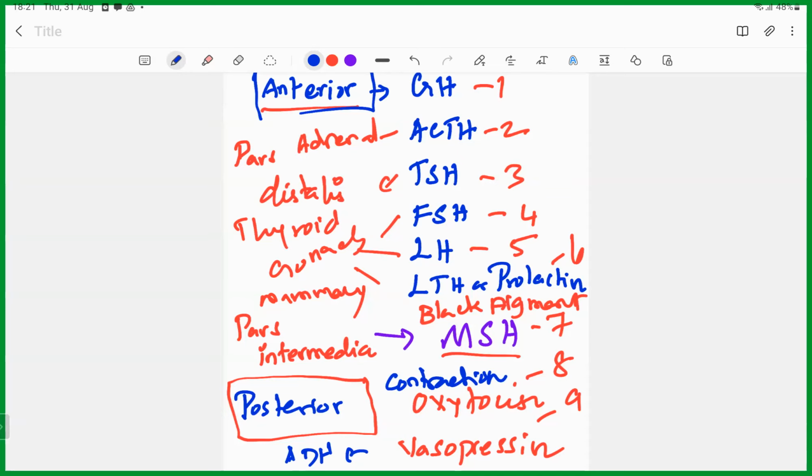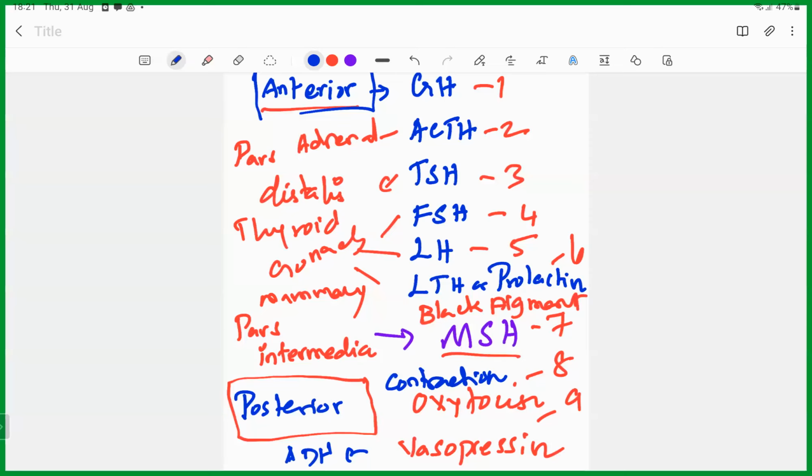Filtration of water by the kidney is diuresis, and reducing the rate is antidiuresis. If vasopressin is not there, a lot of water is released by the kidney. So for reabsorption of water, this antidiuretic hormone is important. Can you understand? So please know the function of all of these hormones.